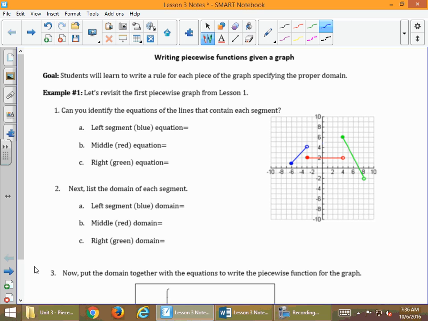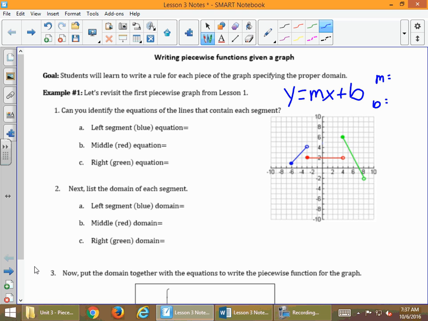If we look to write an equation of a line, we're going to write them if they're linear lines. What's the equation for a linear line? y equals mx plus b. So we need two things: we need our slope and we need the y-intercept. We can easily find the slope.